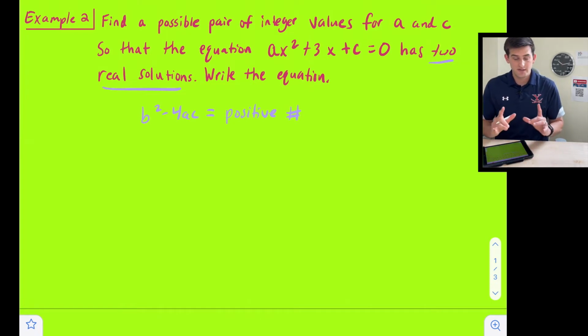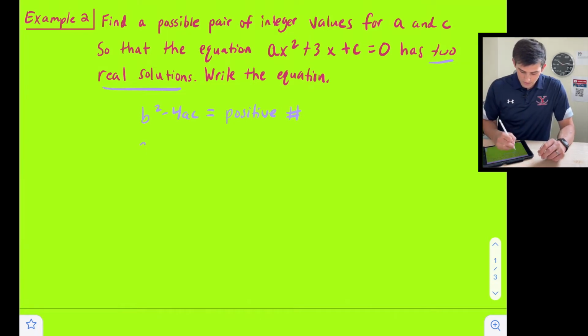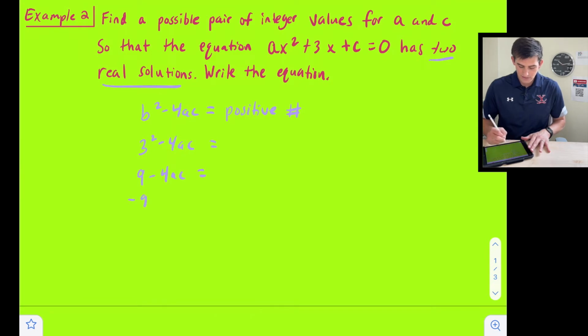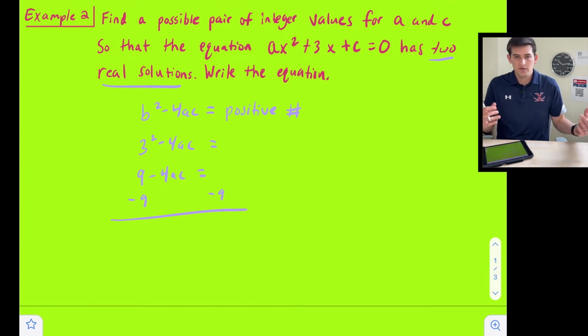So now I know that b is 3, so we have 3 squared minus 4ac, and 3 squared is 9, right? In order to solve this, I'm going to subtract 9 from both sides, and then we're going to divide by negative 4. So let's think of a positive number that when we subtract 9 and then divide by 4, we still have a whole number or an integer, something easy to work with where we don't have to work with fractions or decimals.